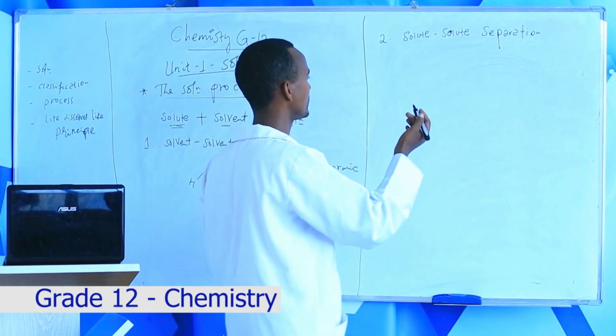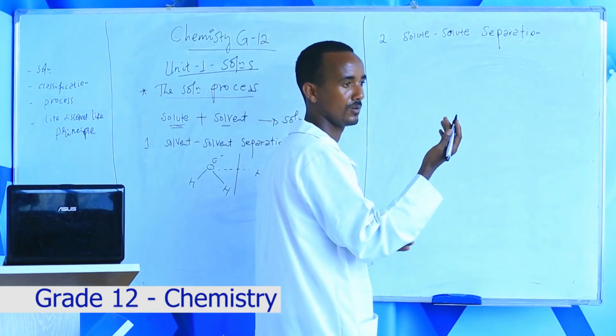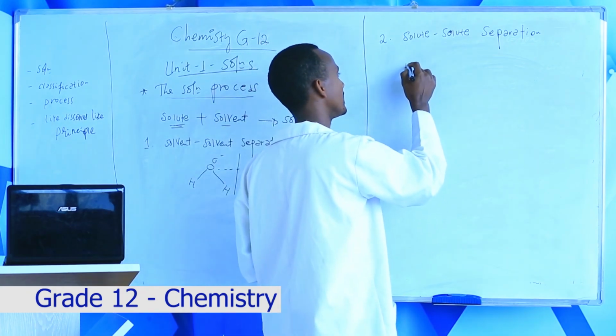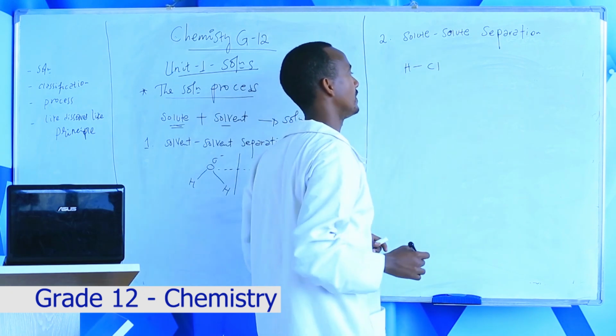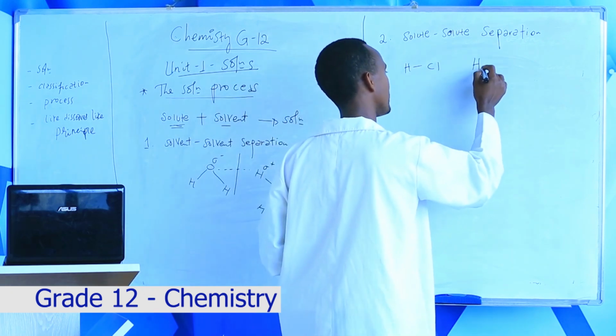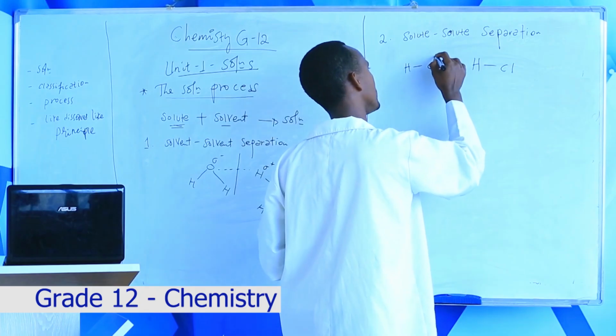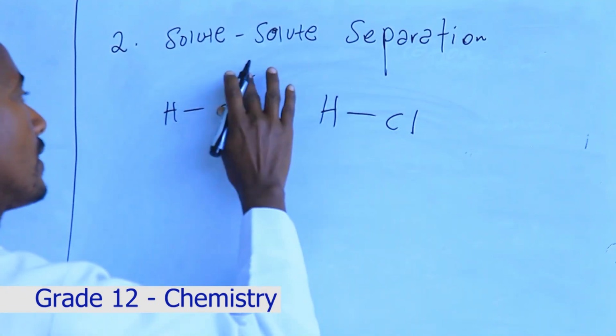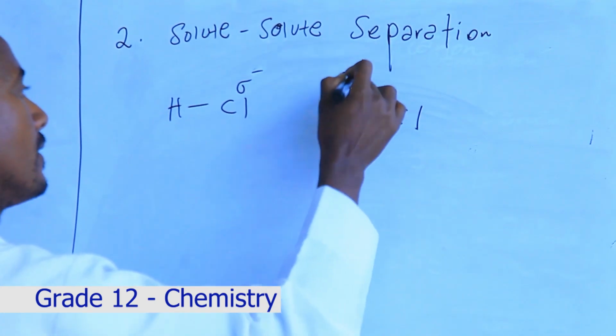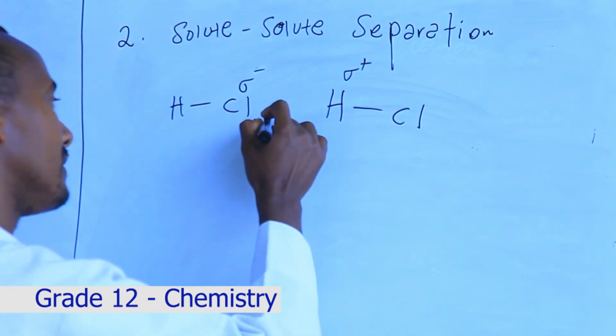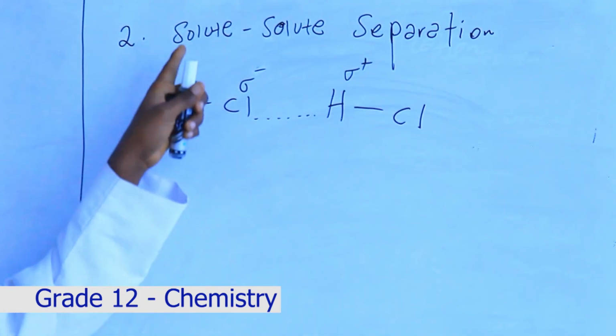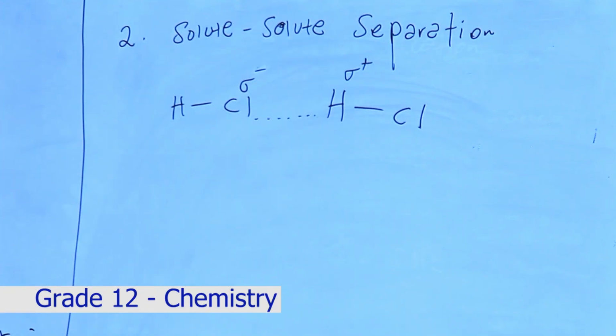For example, if you consider ammonia or hydrogen chloride gas as a solute, you know that hydrogen chloride is a polar molecule. Therefore, there is an intermolecular force that holds the solute particles together.